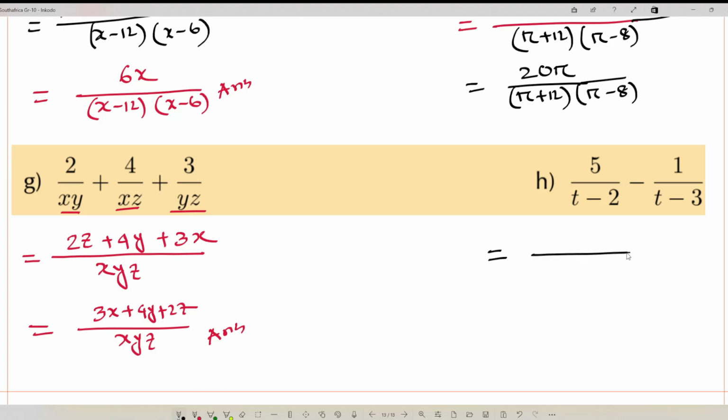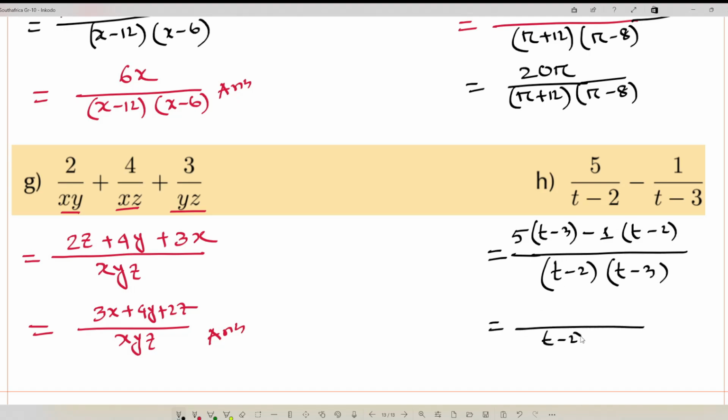Number H, last part. 5 over (t minus 2) minus 1 over (t minus 3). So (t minus 2) times (t minus 3) is our LCM. So we can write like this: 5 times (t minus 3) minus 1 times (t minus 2), over (t minus 2) times (t minus 3).